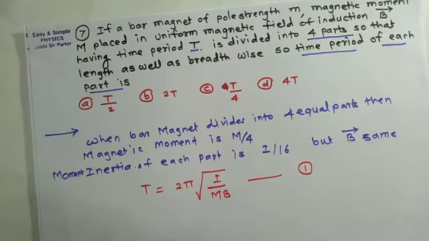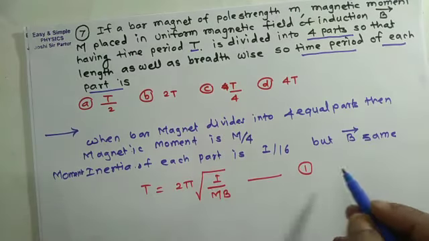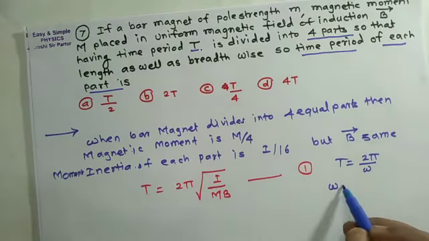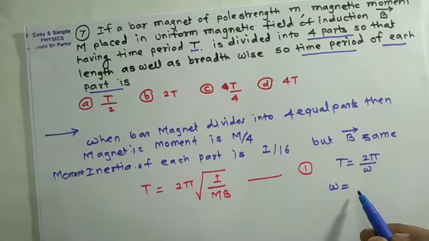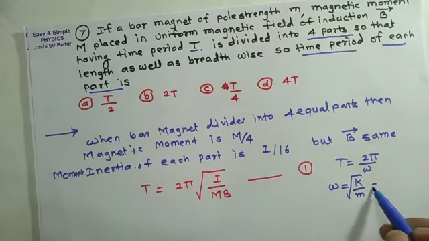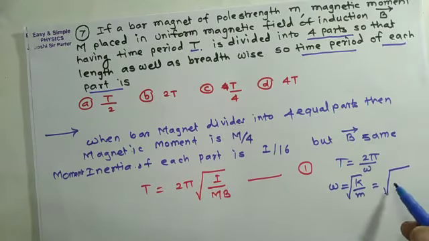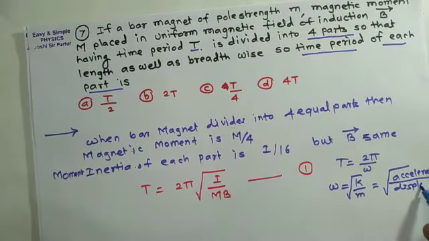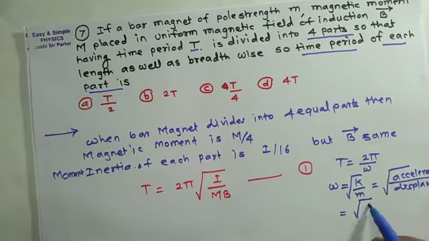Here we know that T equals twice pi upon omega, so omega is equal to square root of k upon m, which is equal to square root of acceleration upon displacement, so it is alpha upon theta.